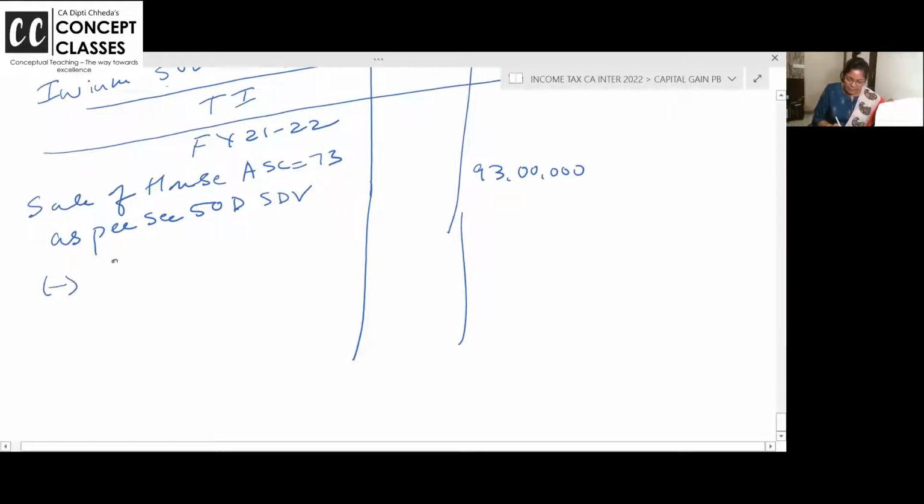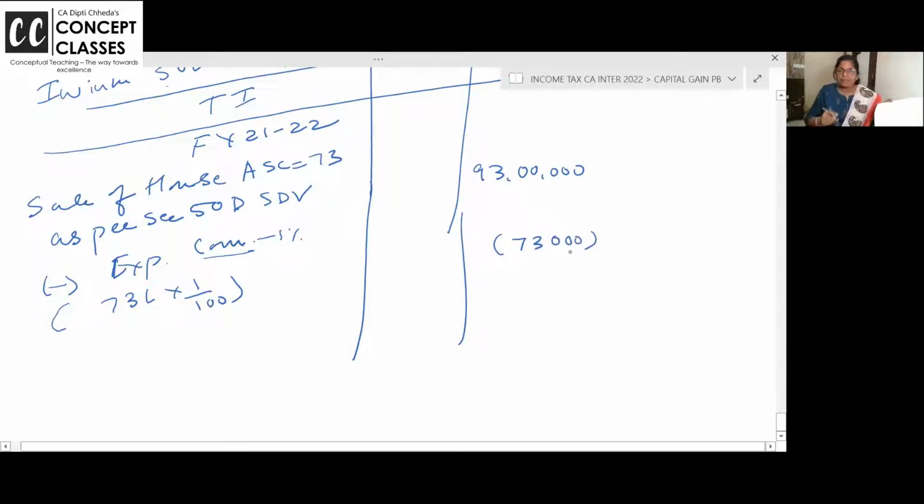Less: expenses, we have commission. Commission is 1%. Don't take 1% of 93 lakhs, the stamp duty value. Commission is always on actual sale consideration. 1% of 73 lakhs. Are you all with me?